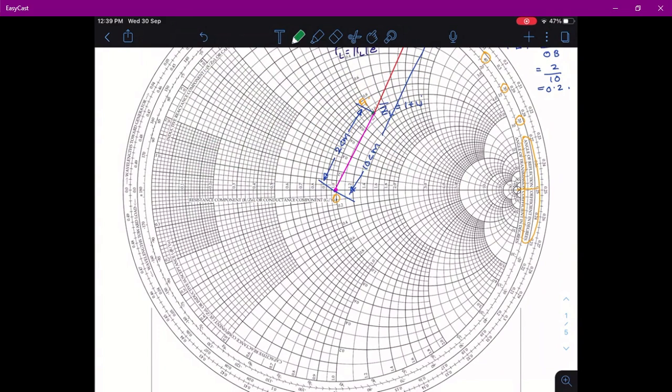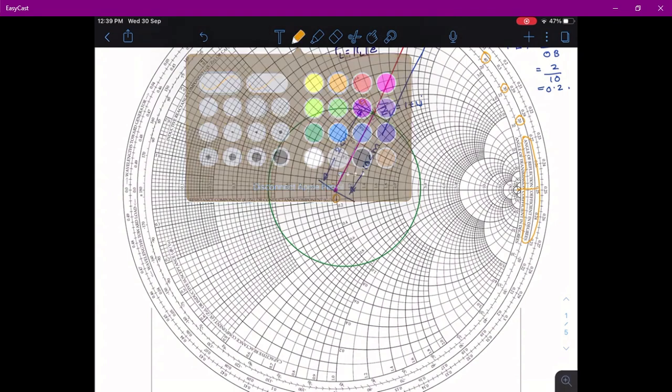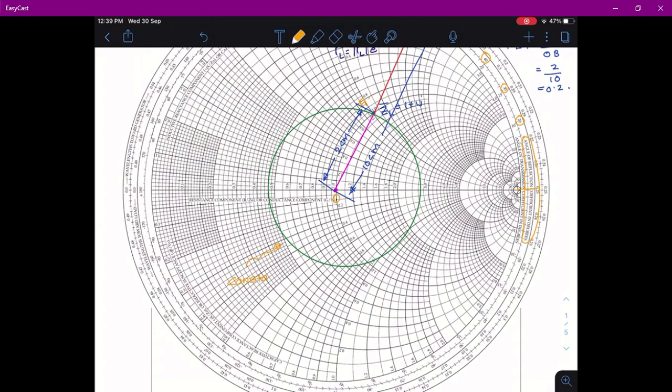Now if you draw a circle with radius OA, this is your constant VSWR circle, and the radius is equal to OA, center at O. So you need to have a compass and you need to draw this circle.